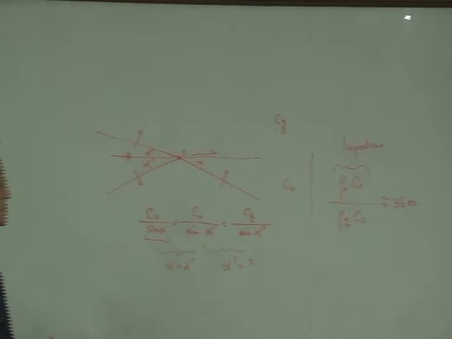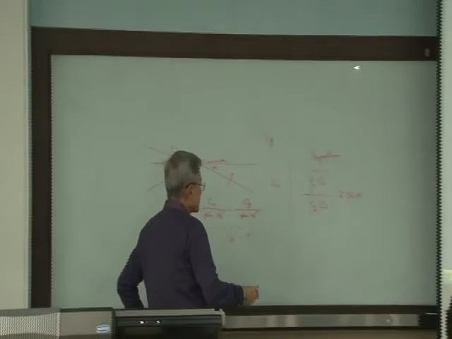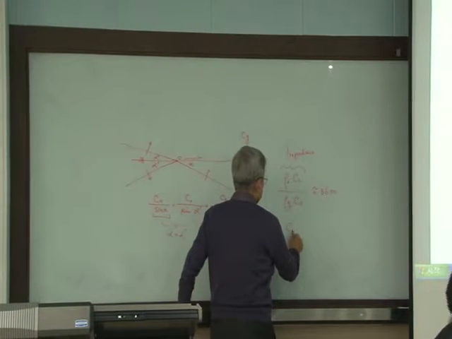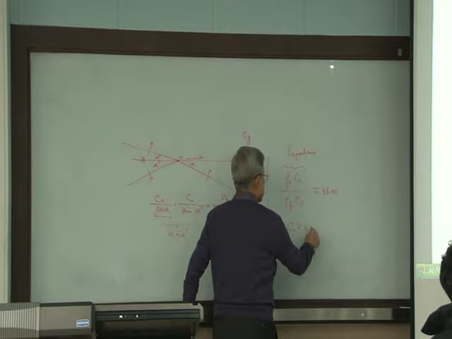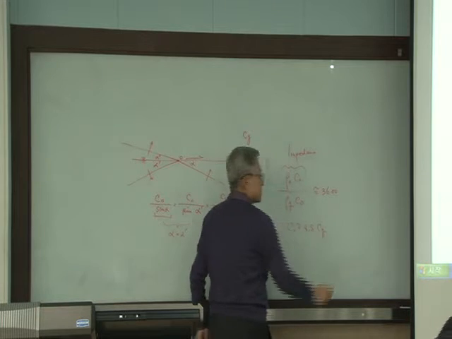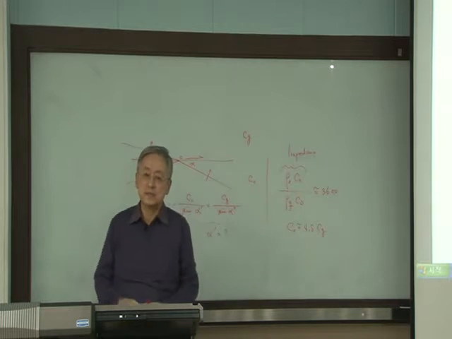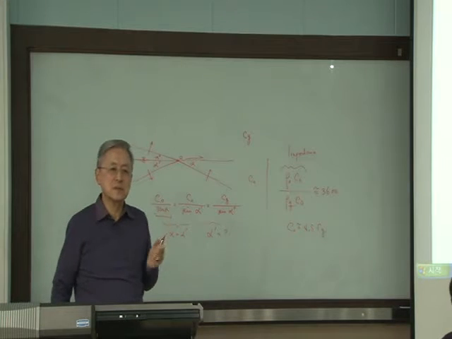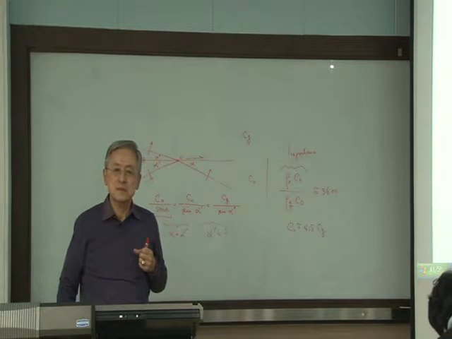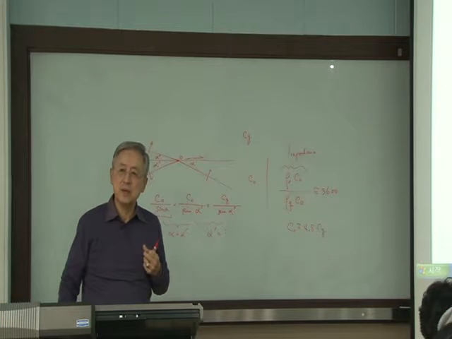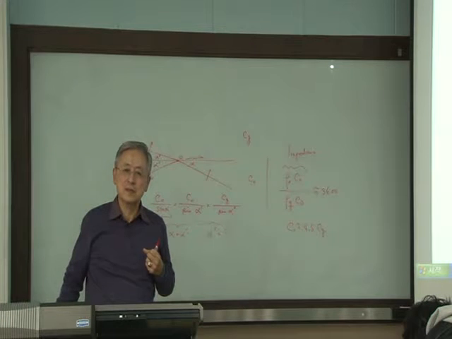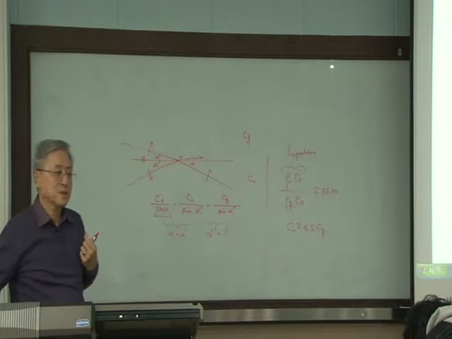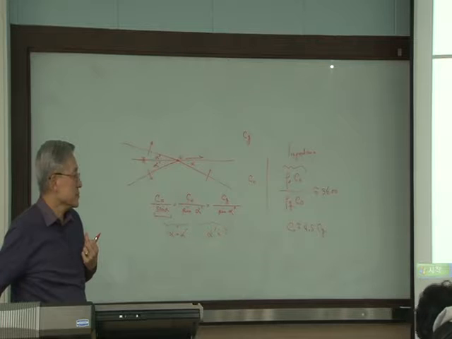From here, of course, C naught is about 4.5 times higher than CG. Okay, this is so basic. If you ask me, do I have to memorize it? I will say stick them in here. So basics, okay? So nothing much.